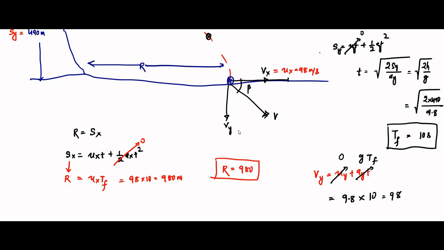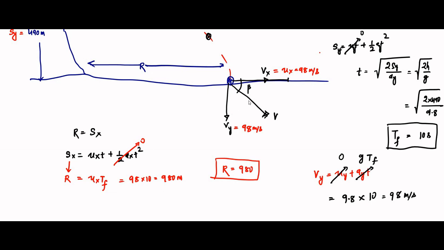So Vy is also equal to 98 meter per second, which is the final vertical component of the velocity just before the projectile hits the ground.